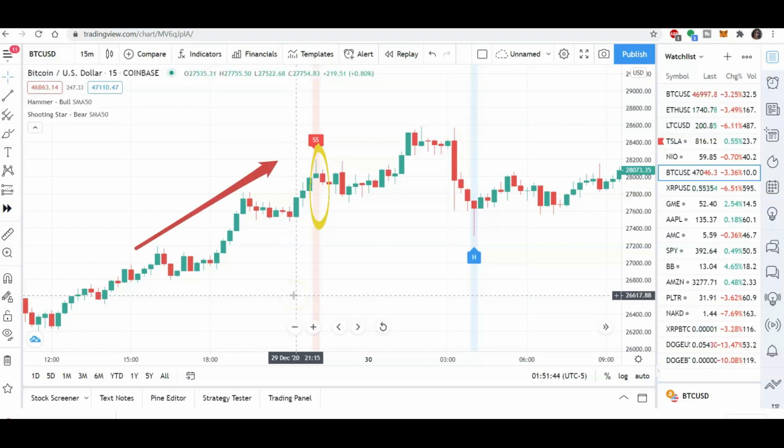The presence of a shooting star indicates a reversal. So after an uptrend, the next thing is for there to be a downtrend. If at this point you're in a trade, the presence of a shooting star should begin to inform you that it might be time to get out of that trade.